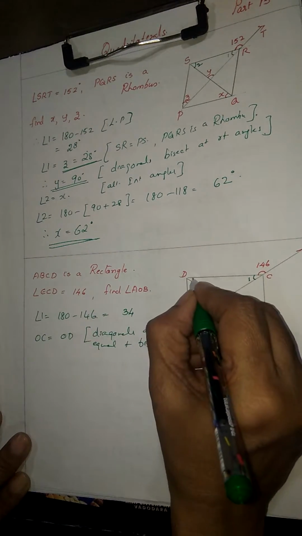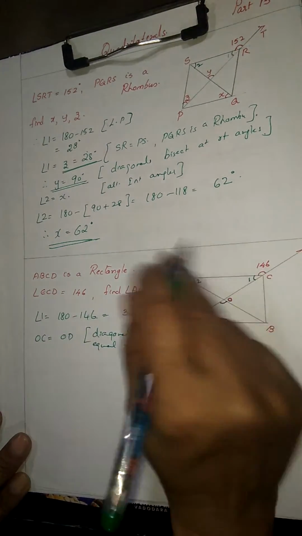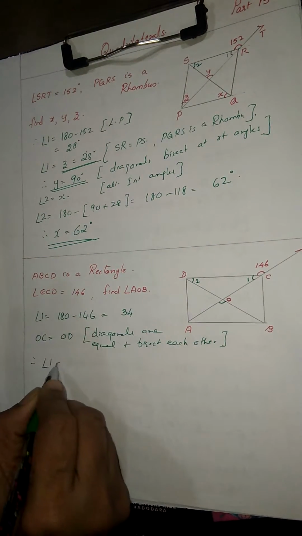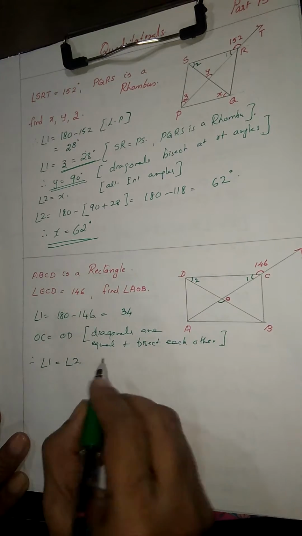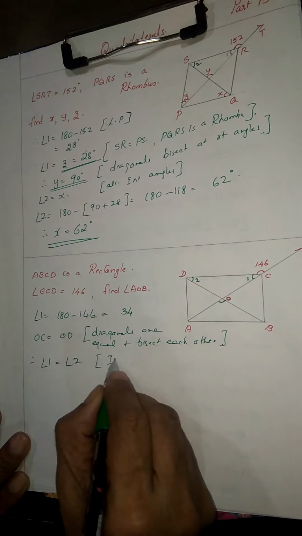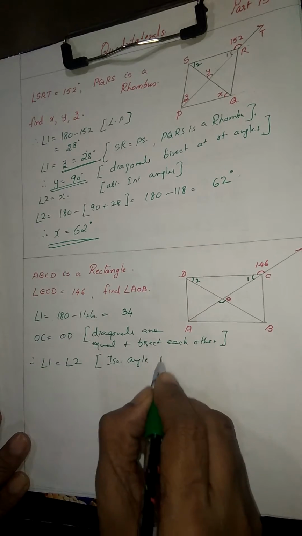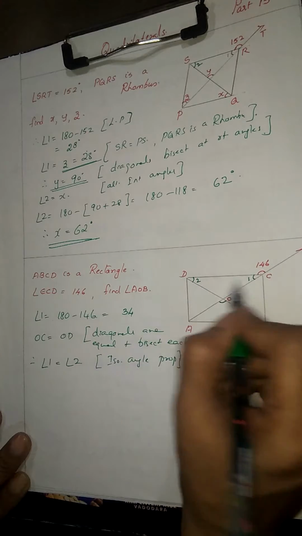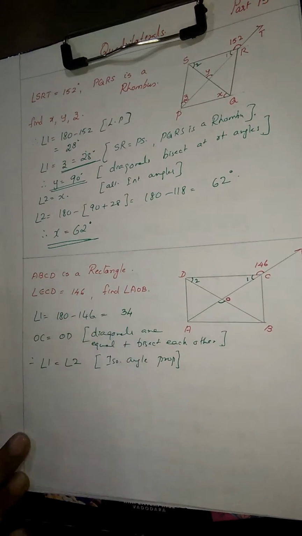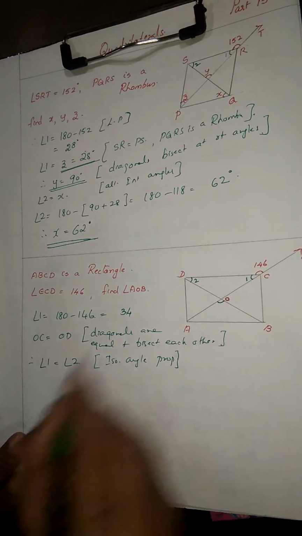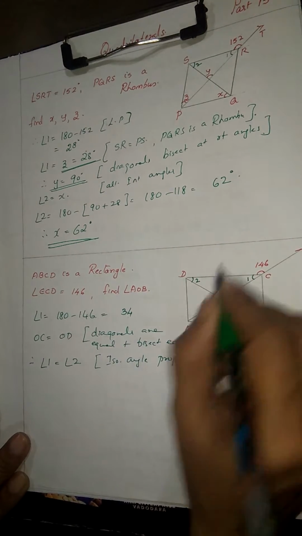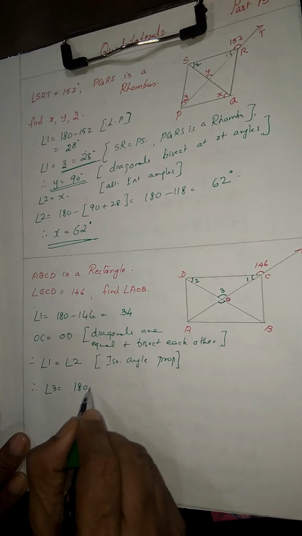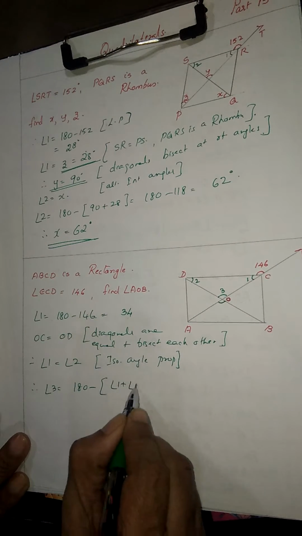Therefore, since OD is equal to OC, angle 1 is equal to angle 2, isosceles triangle property. So we know angle 1 and angle 2 are 34 each. Therefore angle 3 is equal to 180 minus angle 1 plus angle 2.